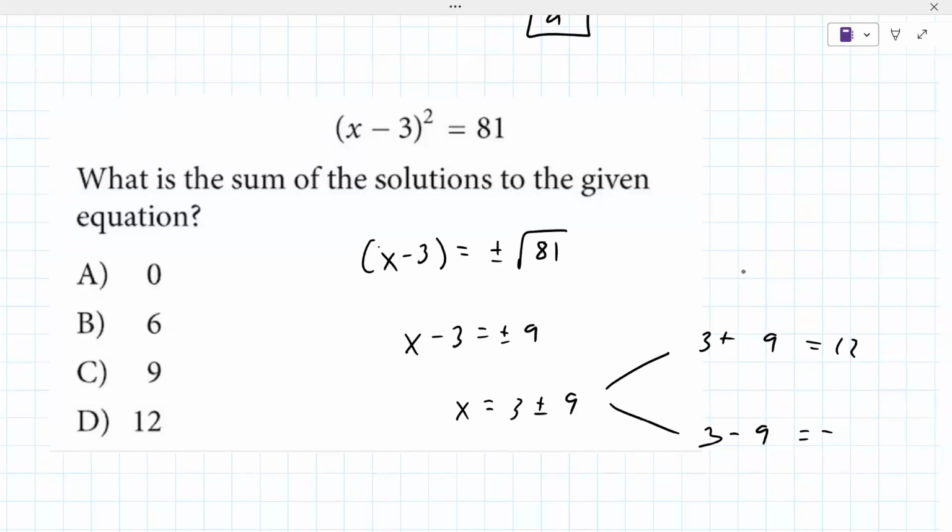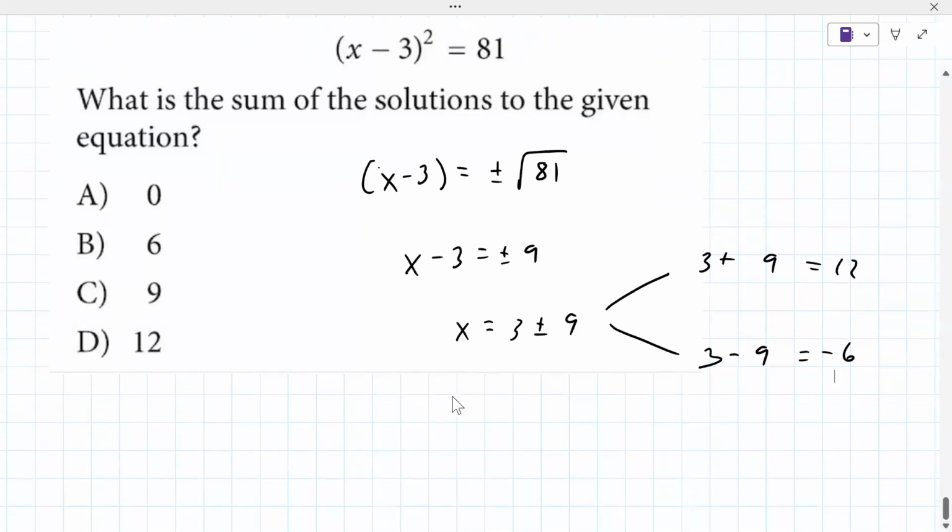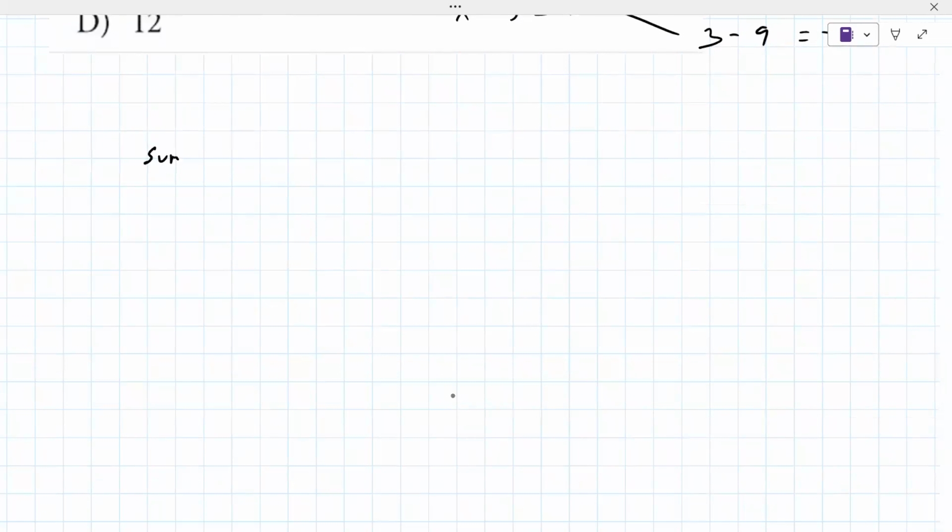I think you had a sign error somewhere in there. Oh, so then 12 minus 6 is 6. Yes. So let's try another one here. Do the same thing, the sum of the solutions. No multiple choice here. So let's go x plus 4 squared equals 64.